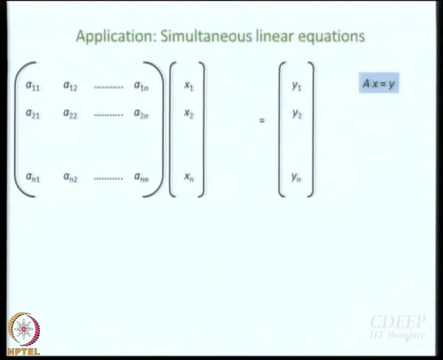This is the general form: A11, A12 up to A1n, and then the column goes A11, A21 all the way up to An1, and you can fill in all the n by n elements. When this matrix operates on x1, x2 up to xn, you get y1, y2 up to yn. I hope you are all familiar with this.